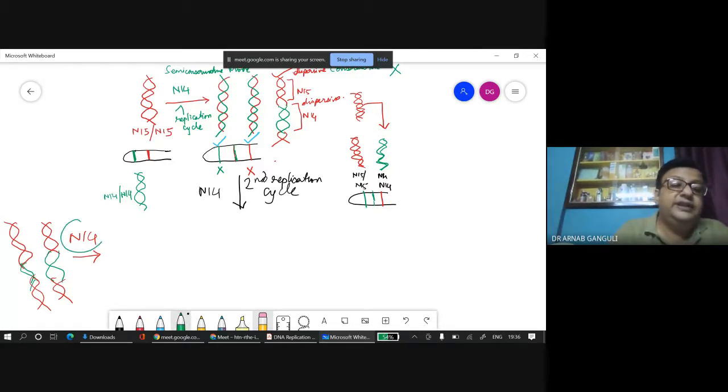N14 is green. You will see the amount of N15 is reducing because there is no N15. It's only N14 now. এখন amount of this N14 green is increasing.